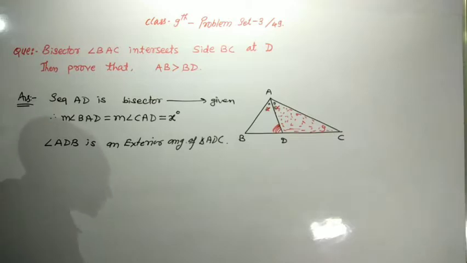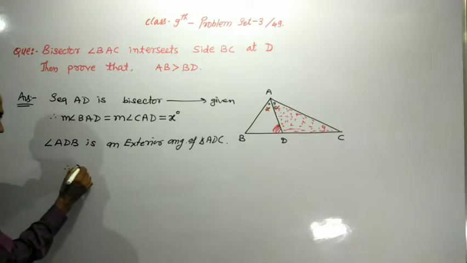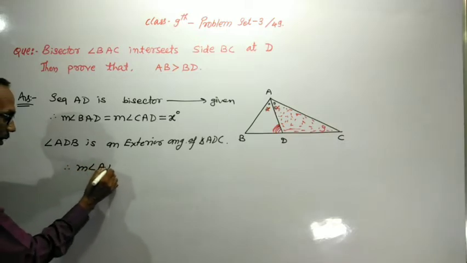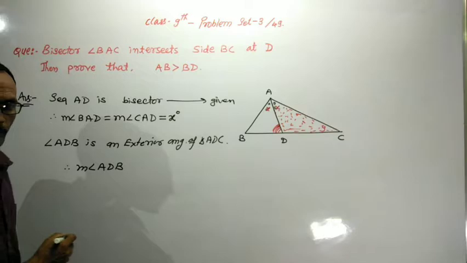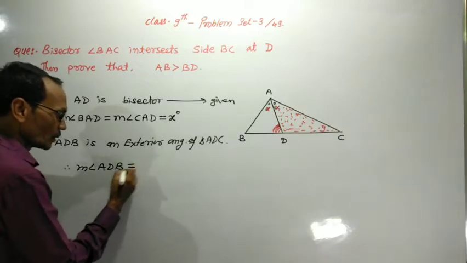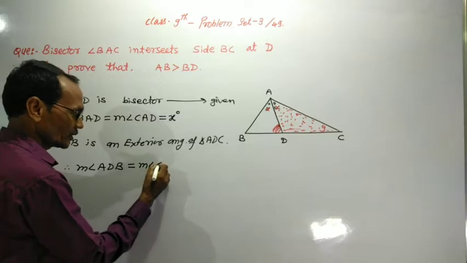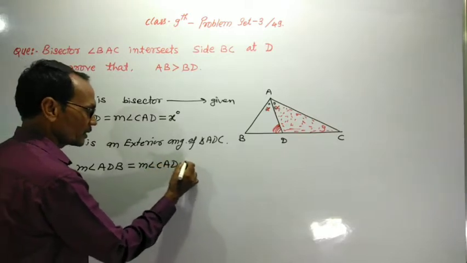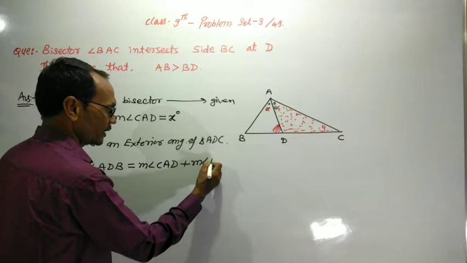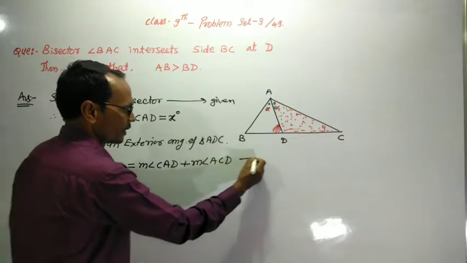Then what is the remote interior angle theorem? Measure of angle ADB is equal to measure of angle CAD plus measure of angle ACD.